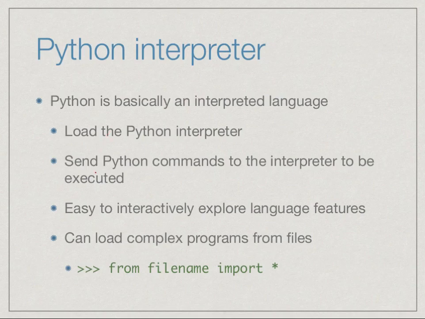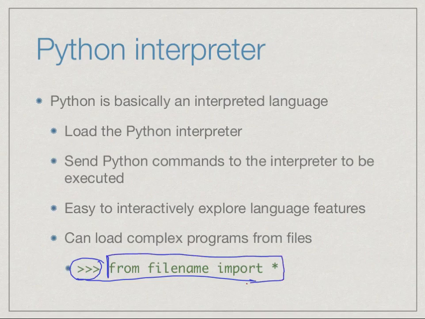What I've shown below in green, which we will see in a minute, is the prompt that the interpreter shows you. When you enter the interpreter, it will ask you to execute a command. And this is a command that you provide the interpreter. I have a file called, say, filename.py, typically, to indicate it's a Python program.